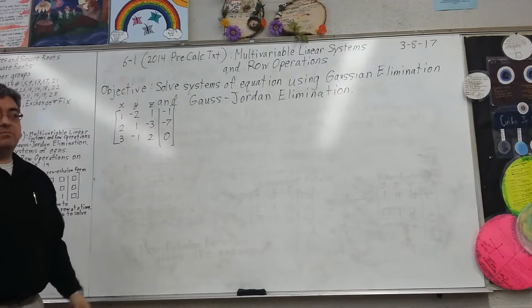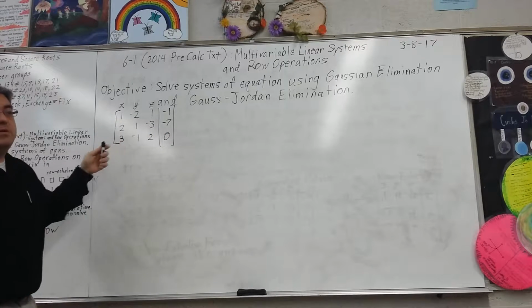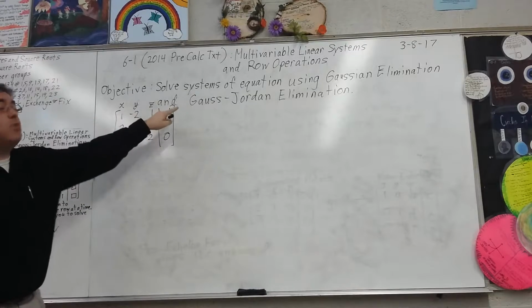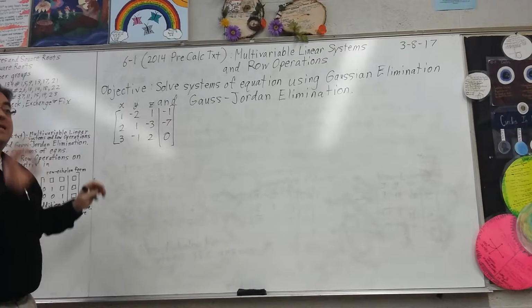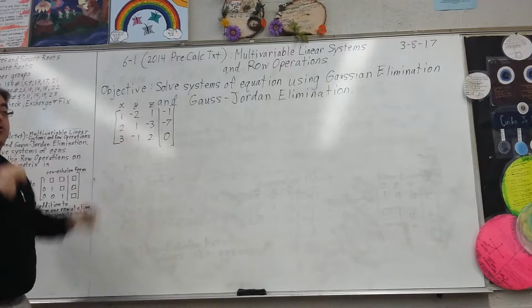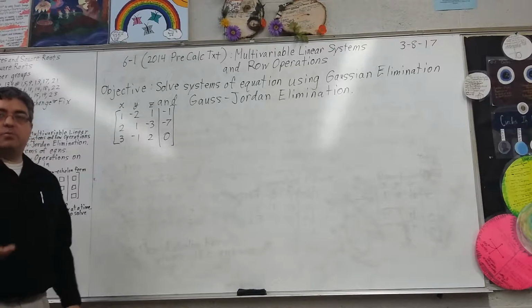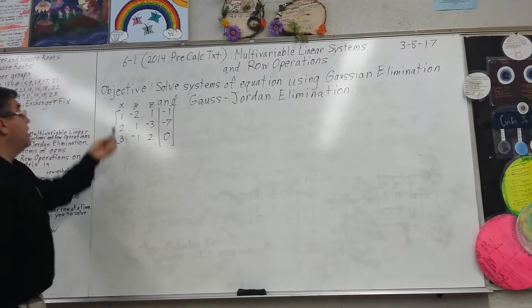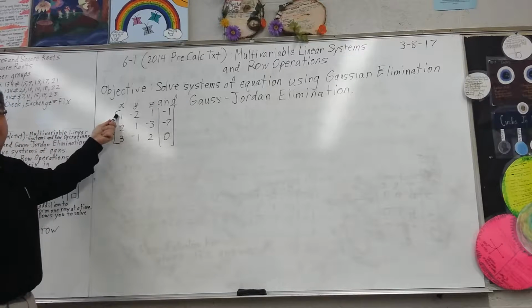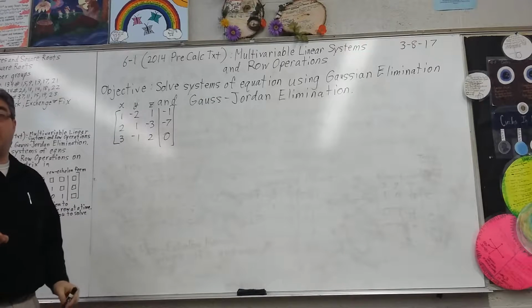That does me no good. Multiply this row by something so that when I add it to this row, I get 0 for the first part. Okay. What number is that? -2. -2, right? Because if I have -2 here, -2 plus 2 is 0.